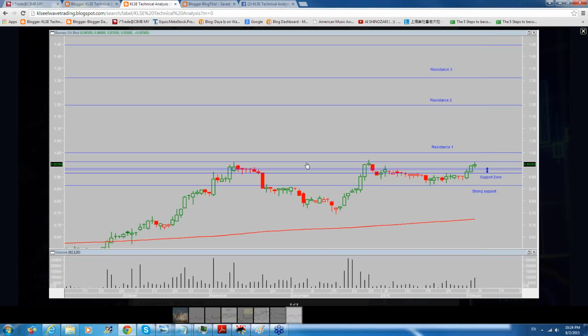I do see the support area is at this zone. I'm not able to read out here, probably I can read out later. The yesterday Friday closing, the Friday low, which is about 90. Let me take a look. It's somewhere here, probably, and the resistance area, which is $1.